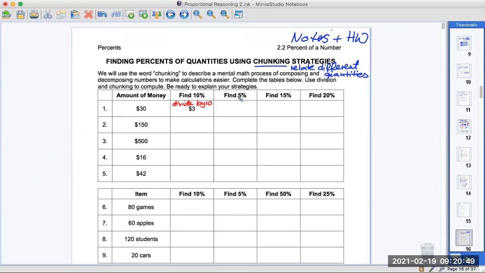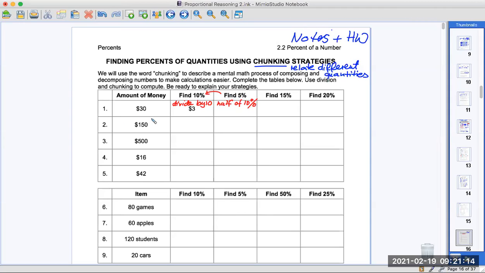To find 5%, I'm going back over here and I see that it's half of 10%. So I'm going to chunk these two together and say this is half. The answer has to be half of the 10% column. See how I'm relating this?